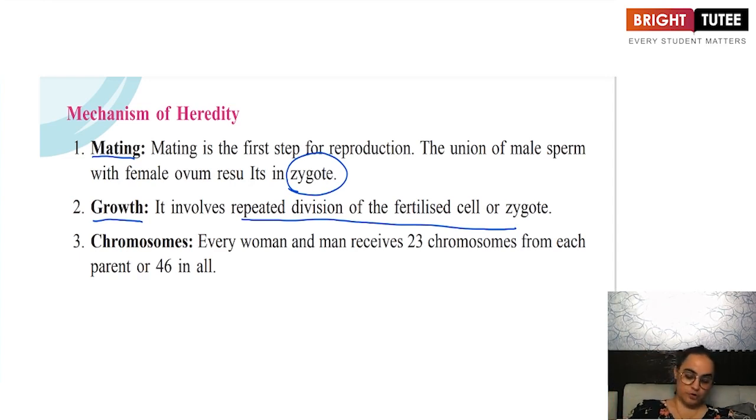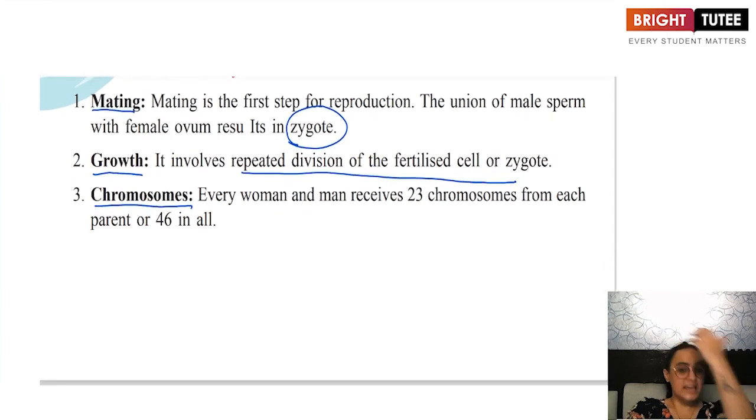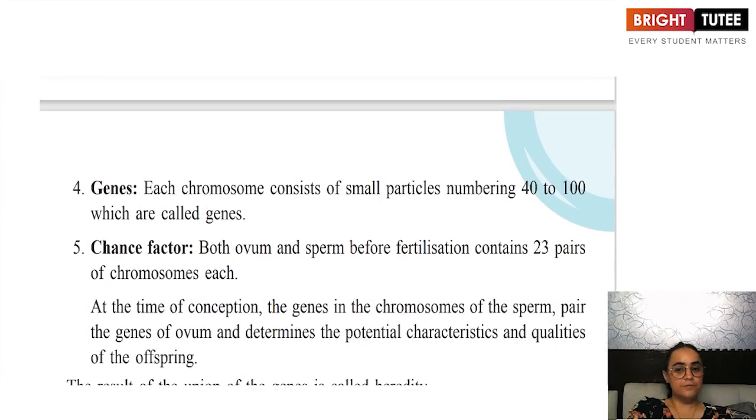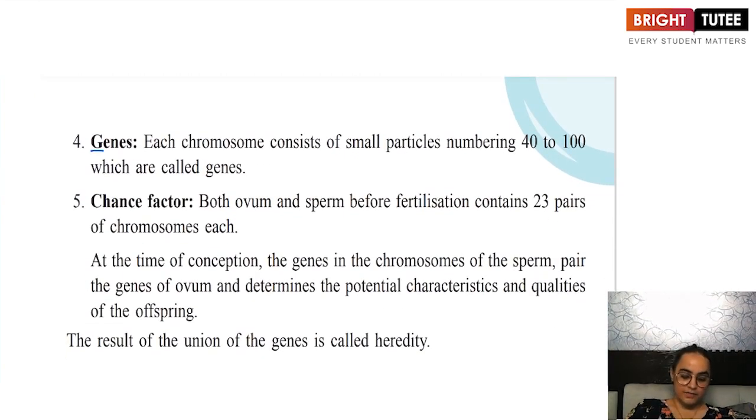Another factor which contributes to heredity is chromosomes, as I told you. Every woman has 23 chromosomes, every man has 23 chromosomes. So in totality there are 46 chromosomes, and it is on the basis of these chromosomes also that the child gets the heredity, inherits the traits and the features. Then we have genes, as I told you.